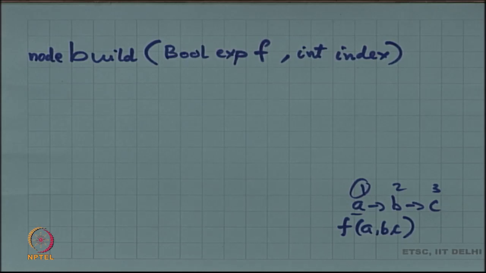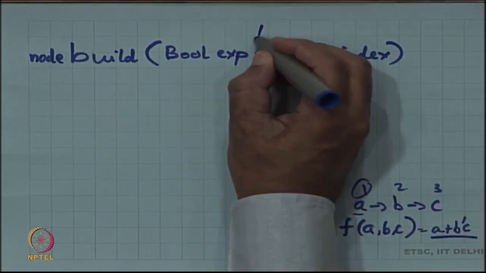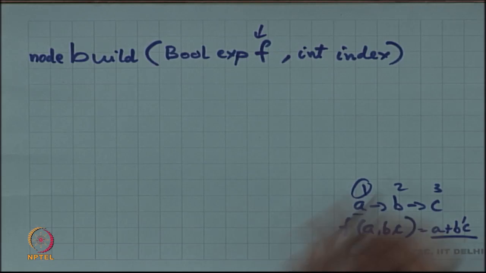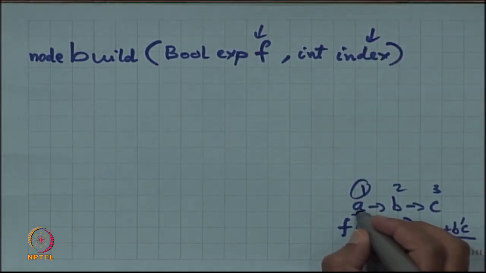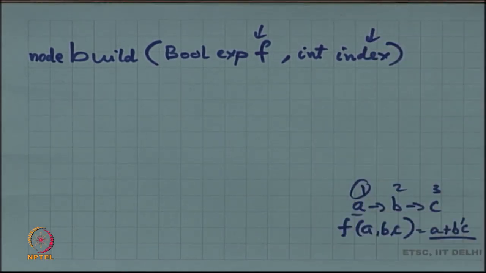Okay. This is a recursive definition. We can build it inductively using recursion in the following way. So, that function, whatever, if it is a plus b prime c and so on, is provided here as an input, and maybe that first index is provided as the second input.